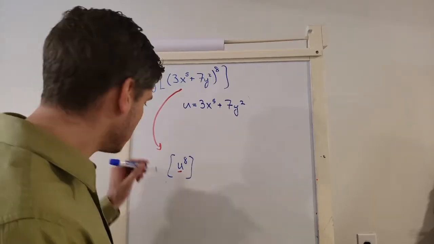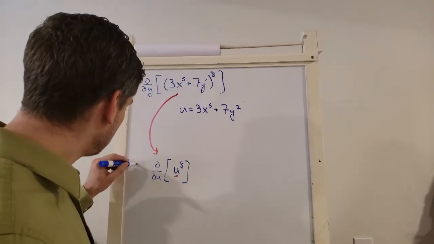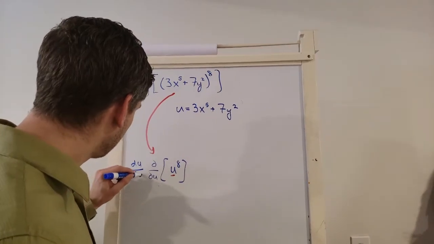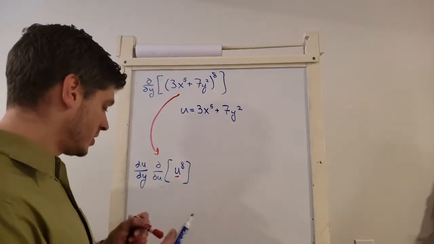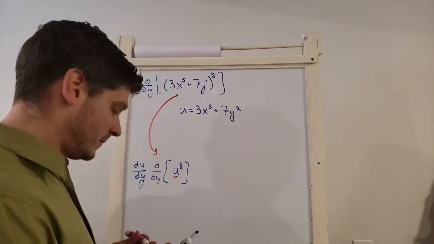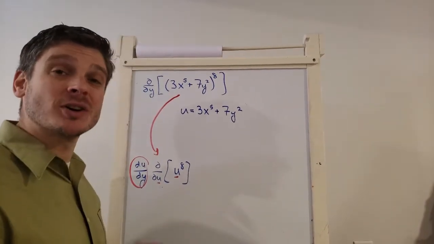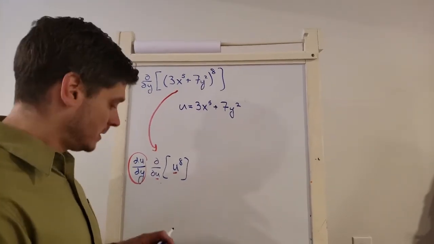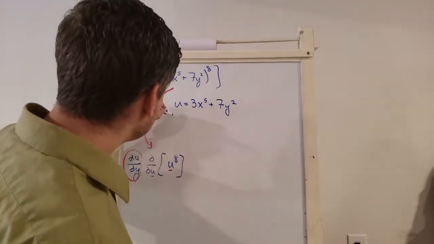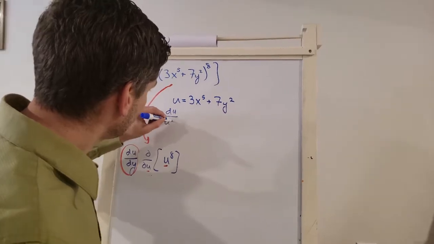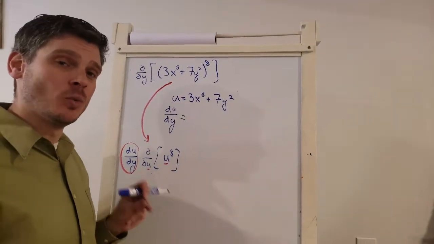If I want to take this partial u, I'm going to need a du dy to make sure that all my variables match. Now I'll be able to take this derivative, but I have to introduce this term to make sure it all stays equal. So up here with my u, I'm going to need to take du dy. I'm going to need to take it with respect to y.